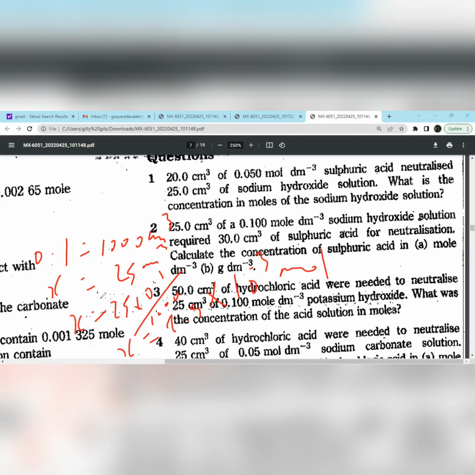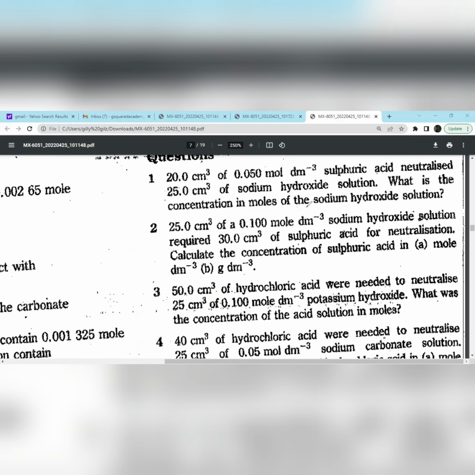So the next step, as you know, is to write the equation and then find the moles of the acid in the volume of the acid. So let us clear all drawings here. What we're going to write now is OH to represent the potassium hydroxide, plus H plus. How many moles of OH did we have? 2.5 times 10 to the minus 3.